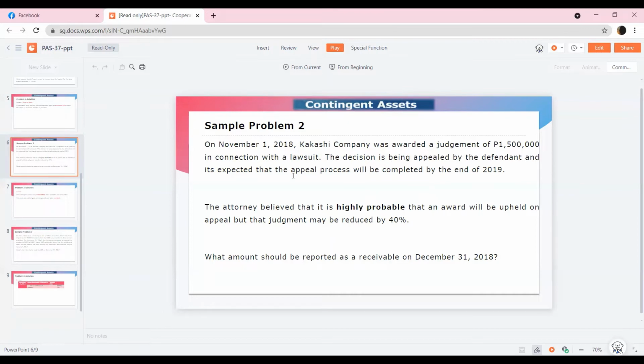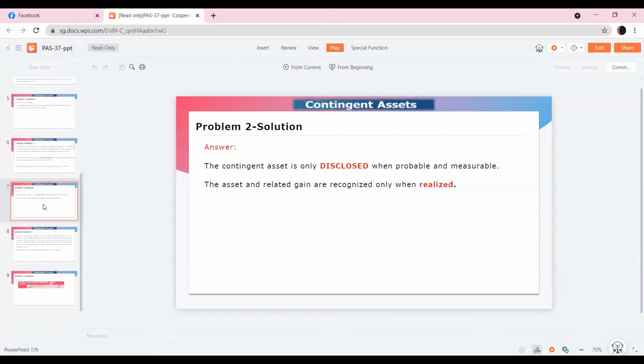The answer is the contingent asset only disclosed when probable and measurable. So the asset and related gain are recognized only when realized.